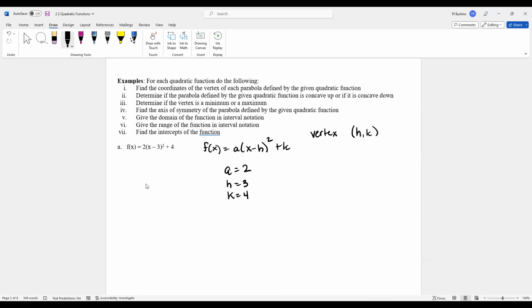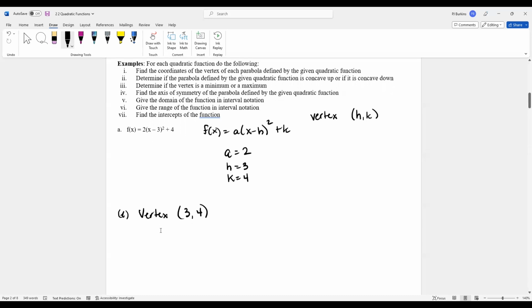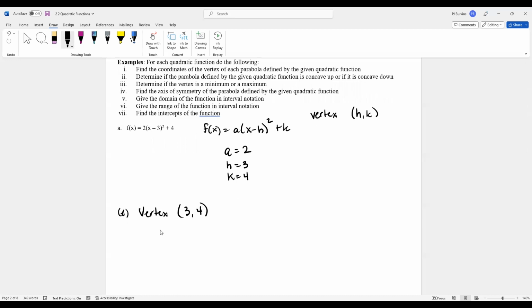All right, so then the first question says, find the coordinates of the vertex of each parabola defined by the given quadratic function. Well, we just found h, k, so our vertex is at the point (3, 4). Second question says determine if the parabola defined by the given function is concave up or concave down.